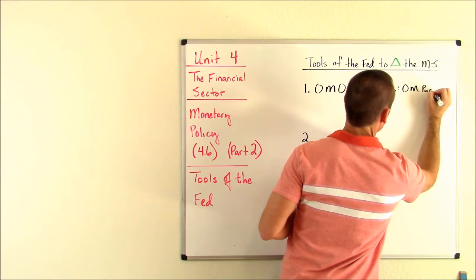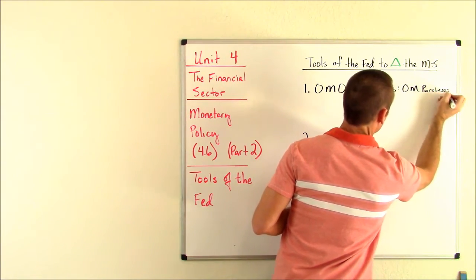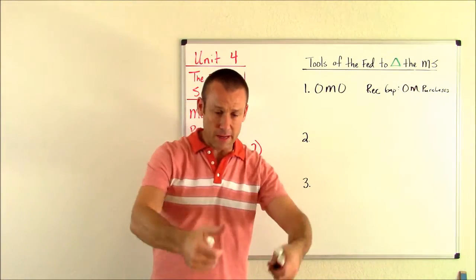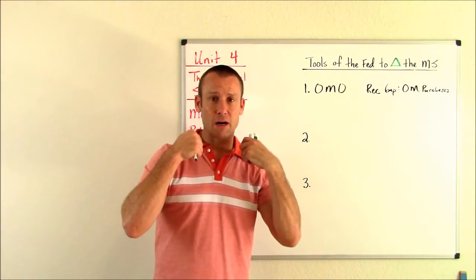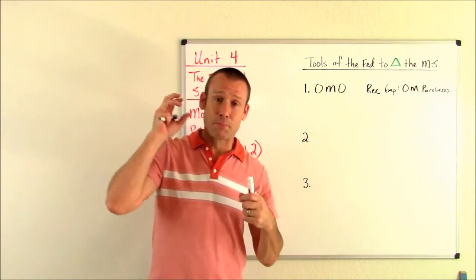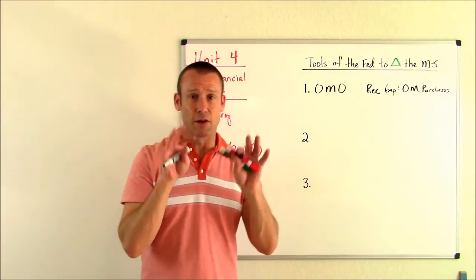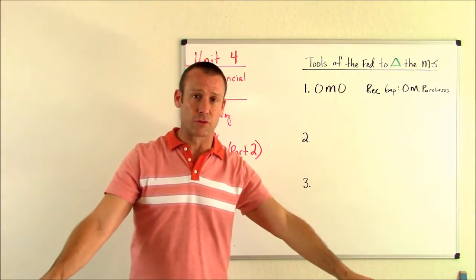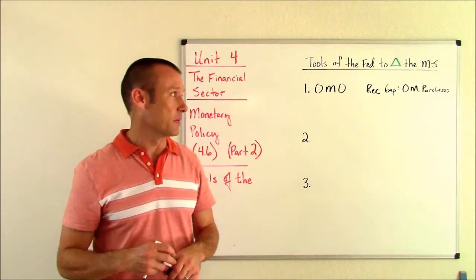They're going to buy U.S. Treasury bonds from the banks, putting reserves into the banks, in hopes that the interest rate goes down and the banks loan those reserves out, to increase the money supply.